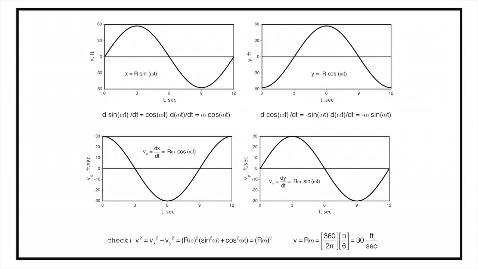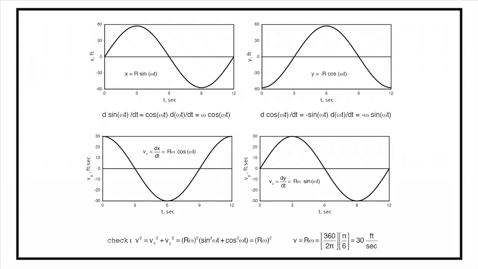The derivative of x with respect to t would be the velocity in the x direction. So the velocity in the x direction is r times omega times the cosine of omega t, and the component of velocity in the y direction is r times omega times the sine of omega t. So we get that from taking derivatives of the position that we had.